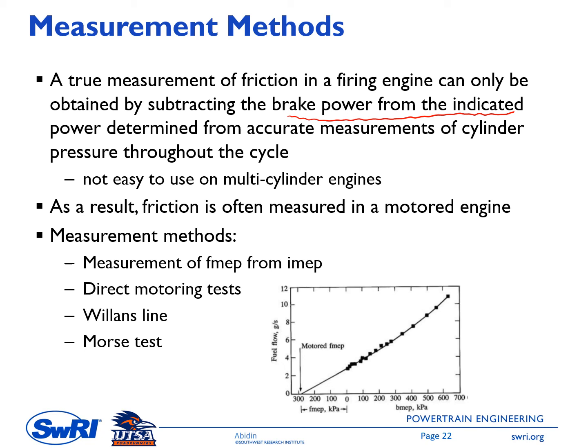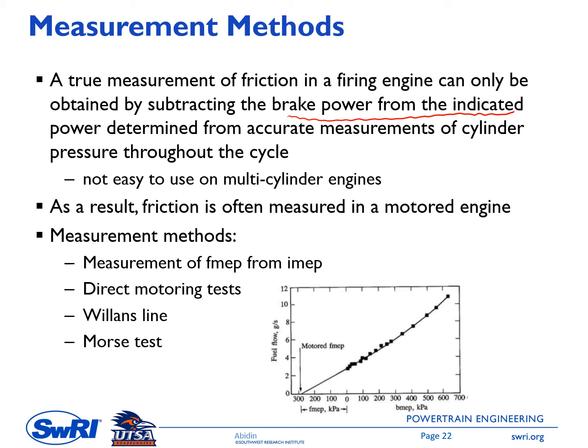This is doable for a single cylinder engine, but it's not easy for a multi-cylinder engine for two reasons. The first is cylinder-to-cylinder difference in indicated power, and the second is the difficulty in obtaining sufficiently accurate cylinder pressure data from each cylinder.